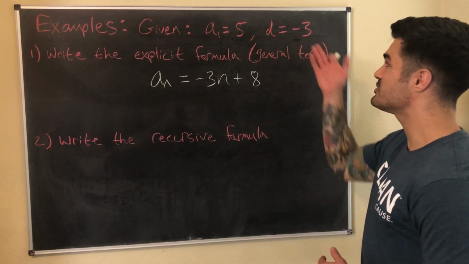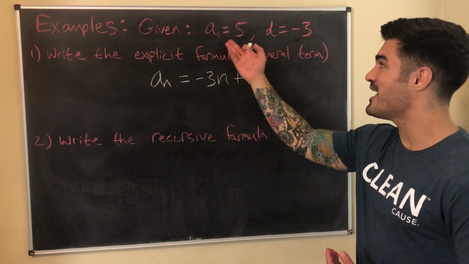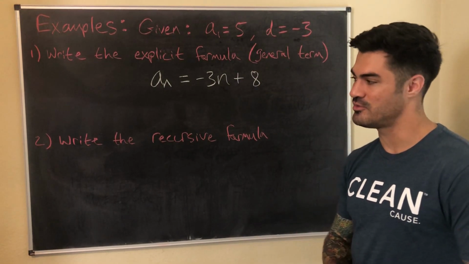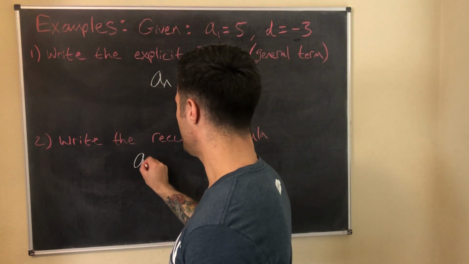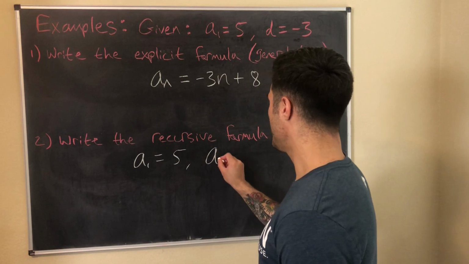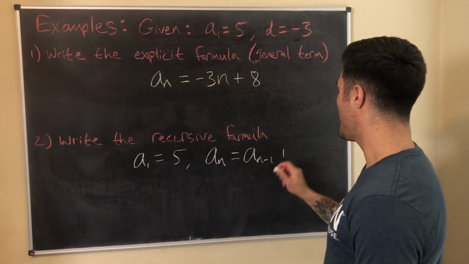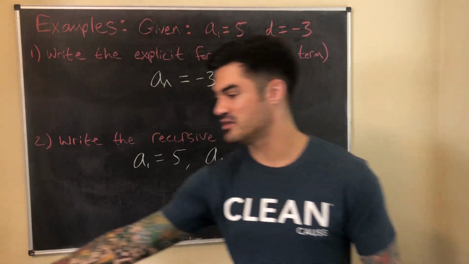If you understand how this common difference works, you know that you can take this common difference and add it to any term to get the next term. So that means for the recursive formula, if we just start with a first term, then we can find any term by just taking the previous term and adding the common difference, right?